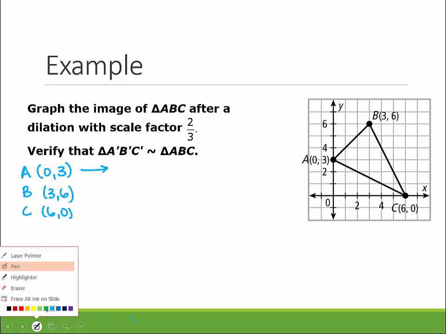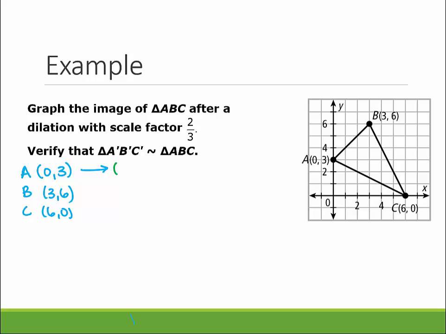The very first one, A: 0 times 2/3 is 0, and 3 times 2/3 is 2. This is A prime. Then 3 times 2/3 is 2, and 6 times 2/3 is 4. And then 6 times 2/3 is 4 again, and 0.